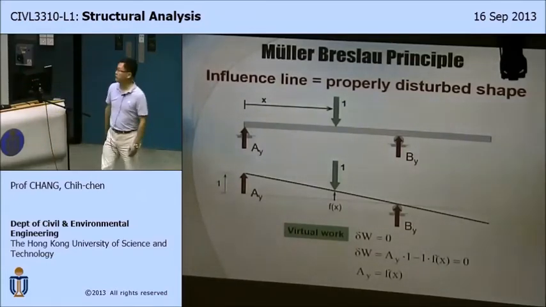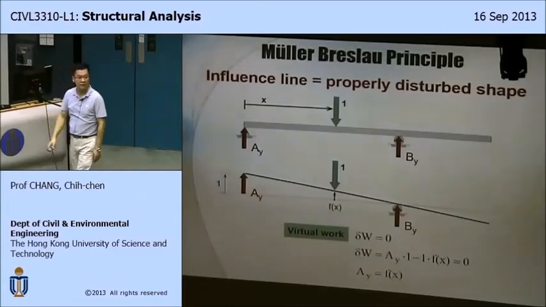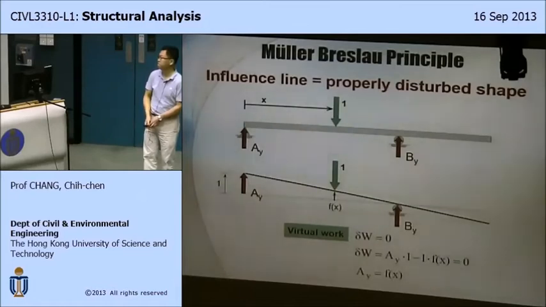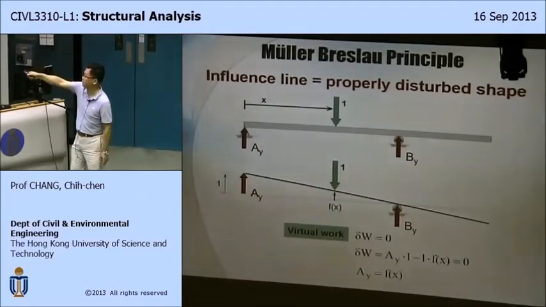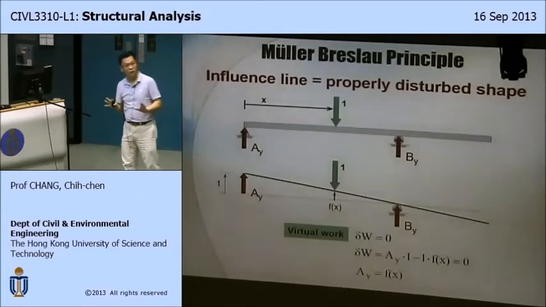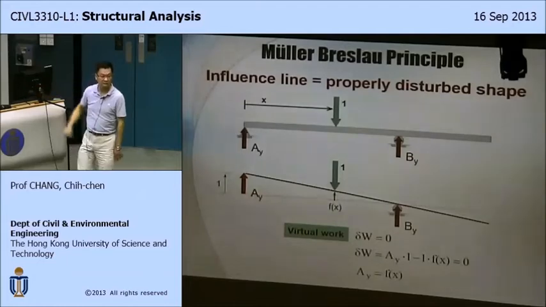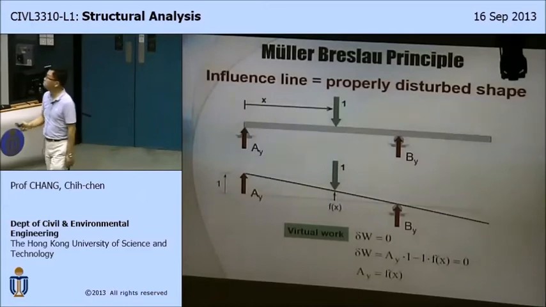So conclusions: this profile, f(x), equals AY, and AY is the reaction that we're looking for to construct the influence line. So this is the influence line for AY. All right, so you see that there are no equilibrium calculations. All you need to do is just push point A up by 1 unit. That's it. This becomes the influence line for AY.